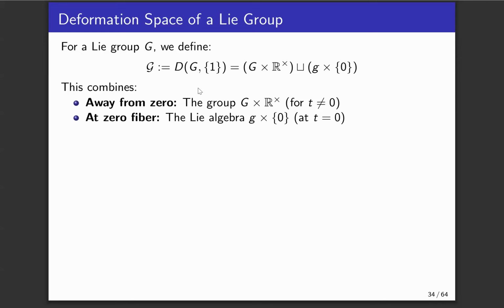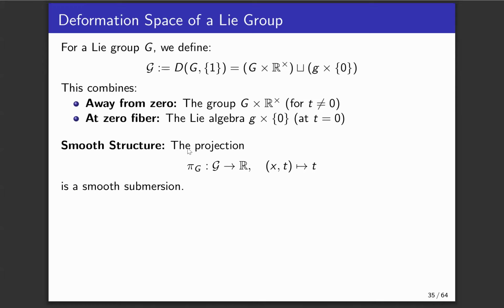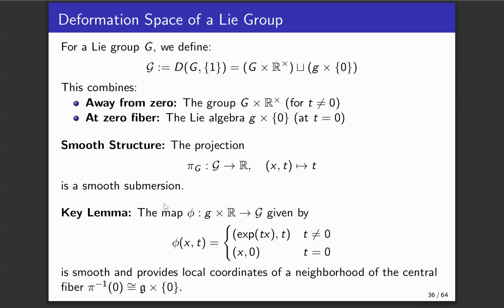And this space is equipped with the unique smooth structure such that the projection from this deformation space DG1 to R is a smooth submersion. And then we have a key lemma, some sort of parametrization of the central fiber.